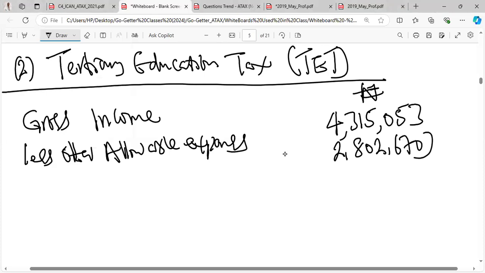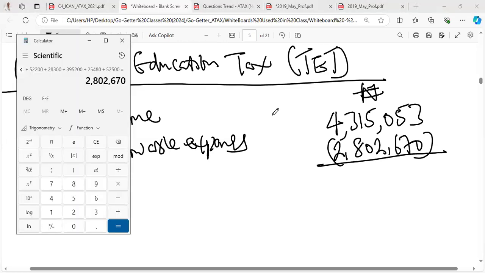So when you less it, I need to do TET separate here. Okay, so if I less this from 4,315,053, I'm going to get 1,512,383.